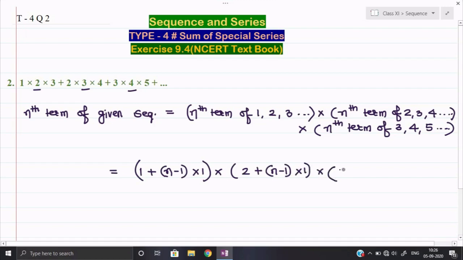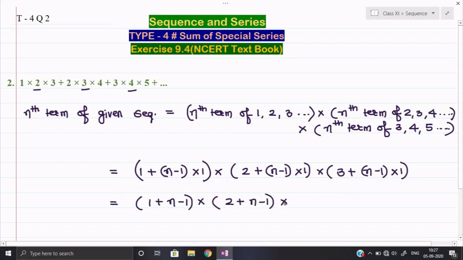Similarly the third one, 3 plus n minus 1 and then again into 1. Now simplify this one. This will be in the bracket 1 plus n minus 1, into 2 plus n minus 1, into 3 plus n minus 1.